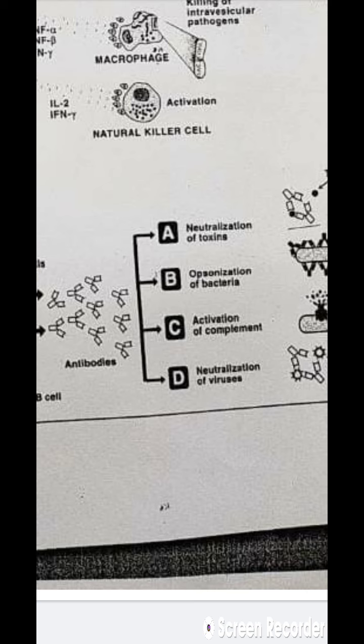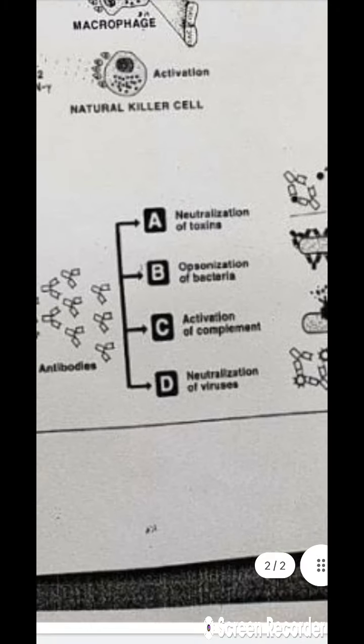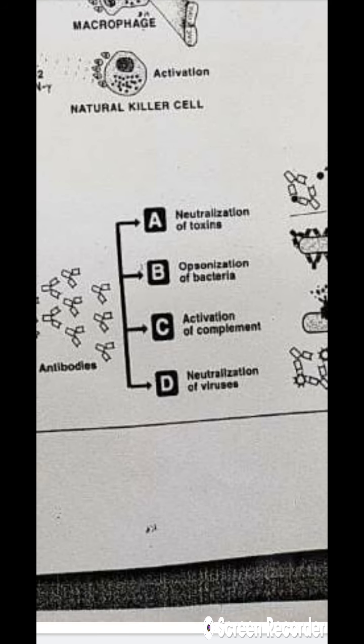When the bacteria is coated by antibody, they become easily identified and engulfed by the macrophage. That process is called opsonization, meaning the process by which the bacteria become tasty or attractive to the macrophage. So macrophage easily engulfs them and can kill them.